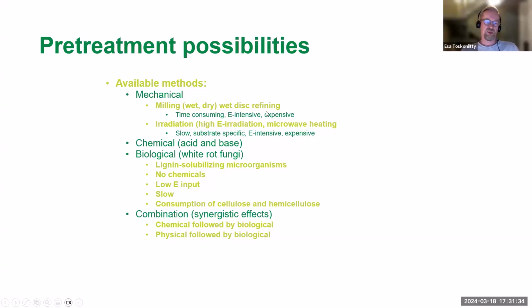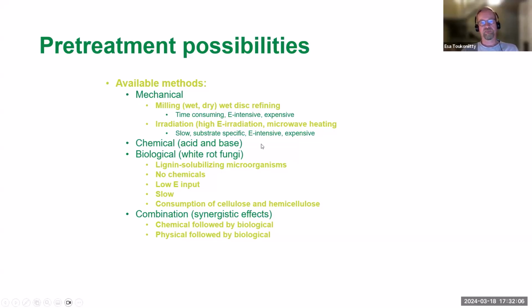It's time consuming and also energy intensive and thereby expensive. This is not that common, but irradiation. If you irradiate the wood with, let's say, microwave, you can heat the material and that might help to pre-treat, break the structure to some extent.